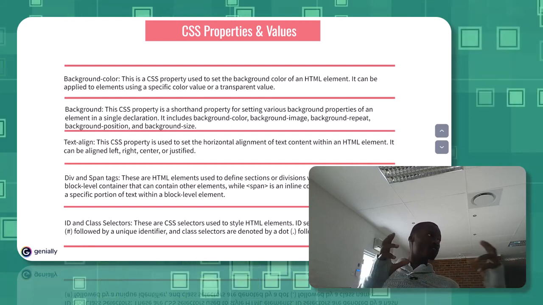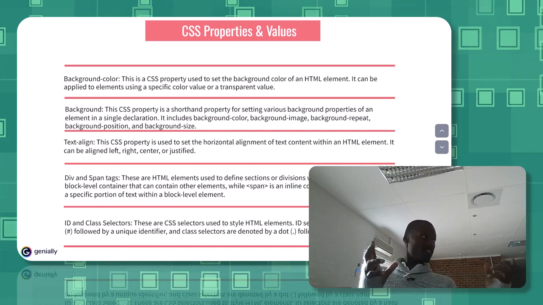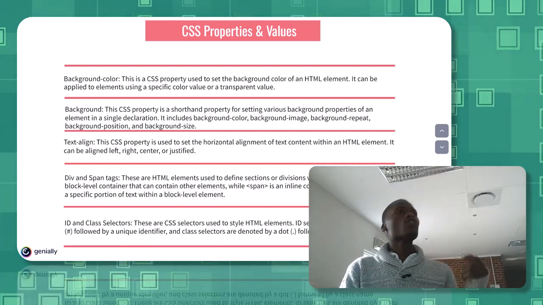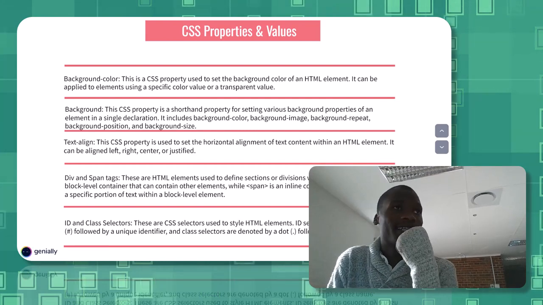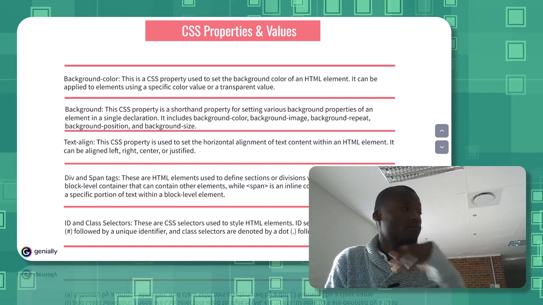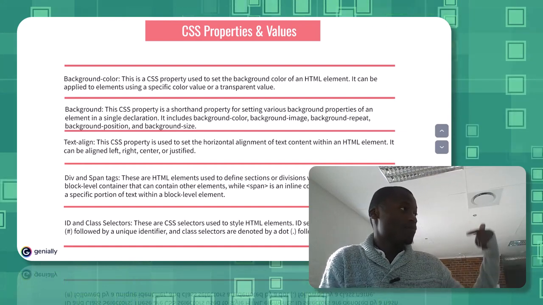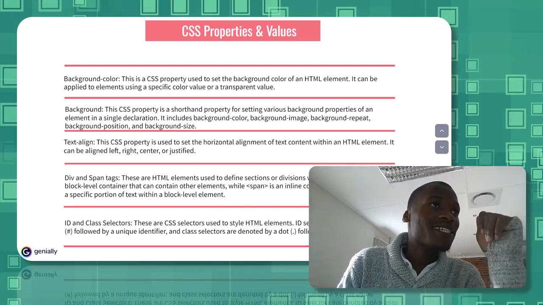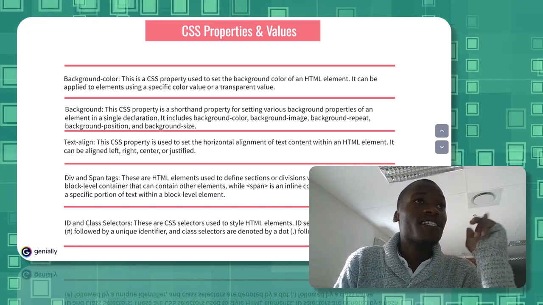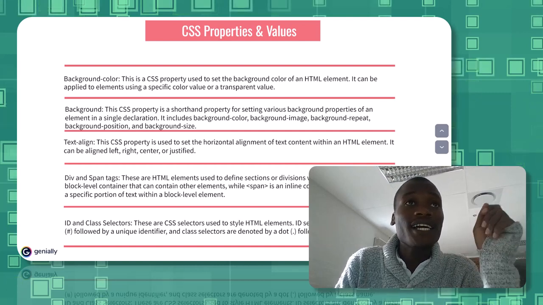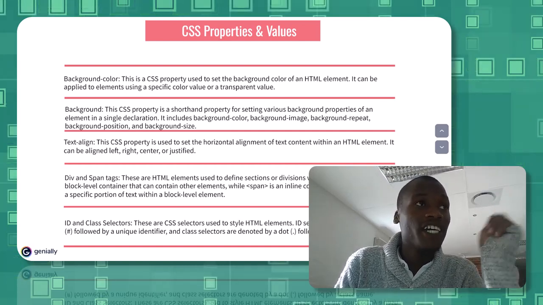You understand? Then we have an ID and a class selector. I think we already spoke about them, but I need to remind you so that you guys can remember, because without these, we are nothing in CSS. The ID and class selectors are CSS selectors used to style HTML elements. ID selectors are denoted by a hash, followed by a unique identifier, the name that you have given your ID, because it's custom.